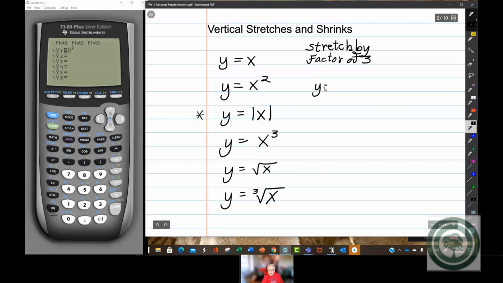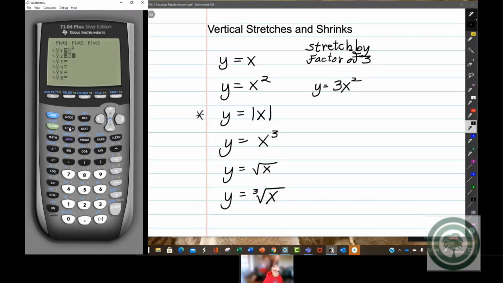This is how I'm going to write it. Y equals 3 times x squared. All right, and look what happens. It's as though this graph has gotten stretched up.